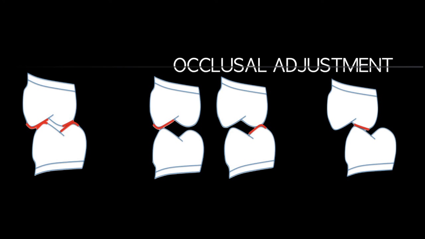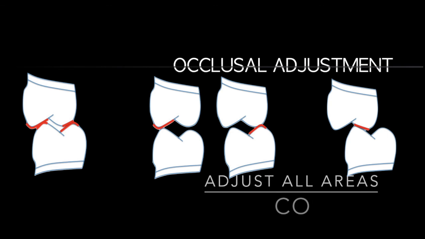And now, this is the sequence of how you adjust occlusion when the occlusion is not right. The first thing is the initial mounting, where you check which posterior teeth are in contact. In the try-in denture, you should be able to see all the posterior teeth, including premolars and molars, in contact.